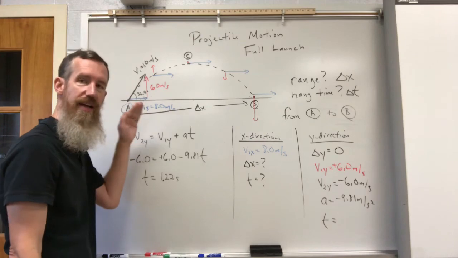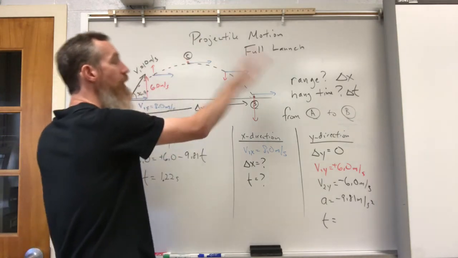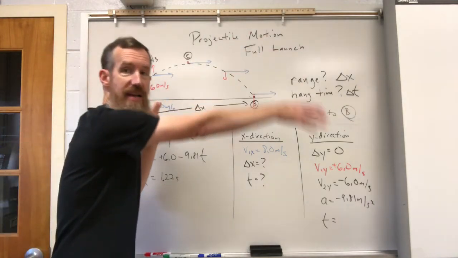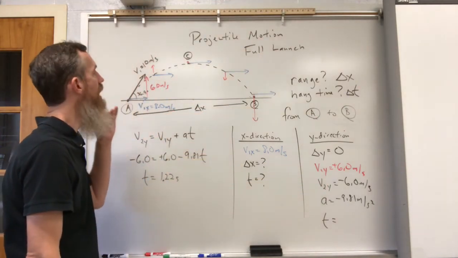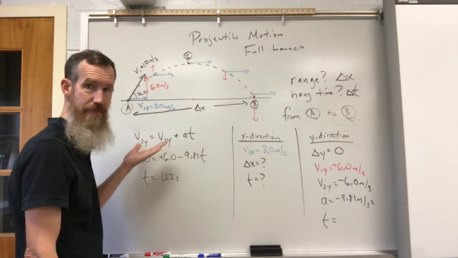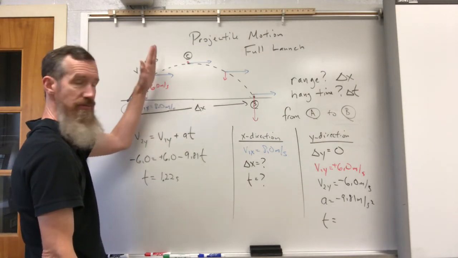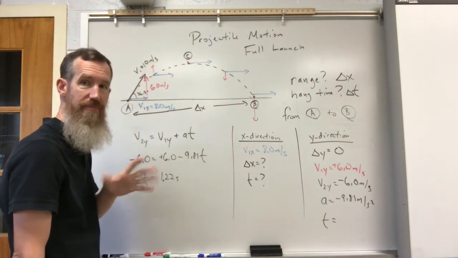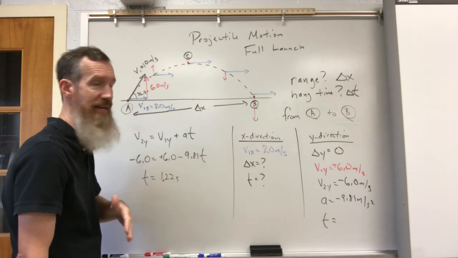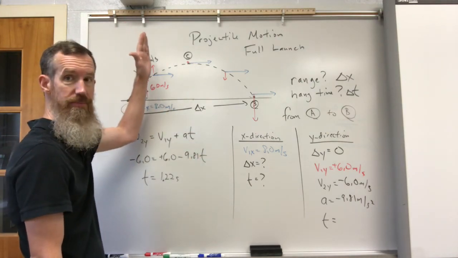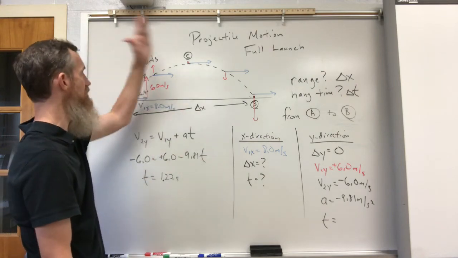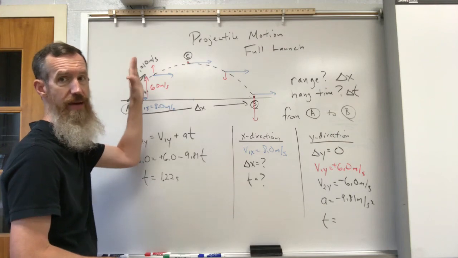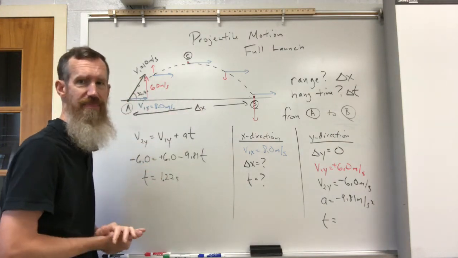The 45-degree angle will get you the greatest range because it's the perfect balance between the velocities and the time in the air. For the greatest hang time, it's actually going to be greater than 45 degrees. So be careful on that. Matter of fact, the greatest hang time is straight up. It goes straight up and straight down because, assuming the overall velocity remains the same, all that velocity goes into launching straight up. You won't get any range, but you get maximum hang time.